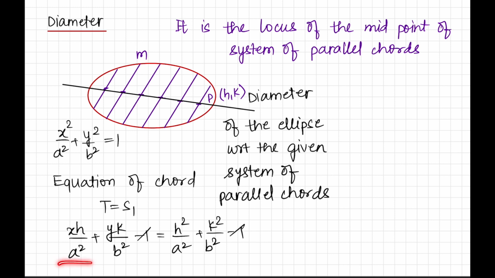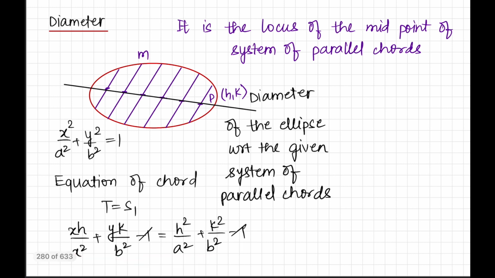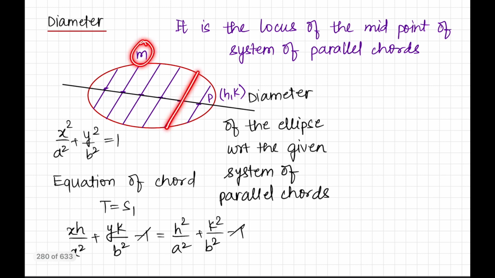Now the slope of this chord is m. So what do we have for the slope from this equation? The slope can be written as minus of (h by a square) divided by (k by b square), and this is equal to m, which is given to us. We rearrange a little and replace h by x and k by y.